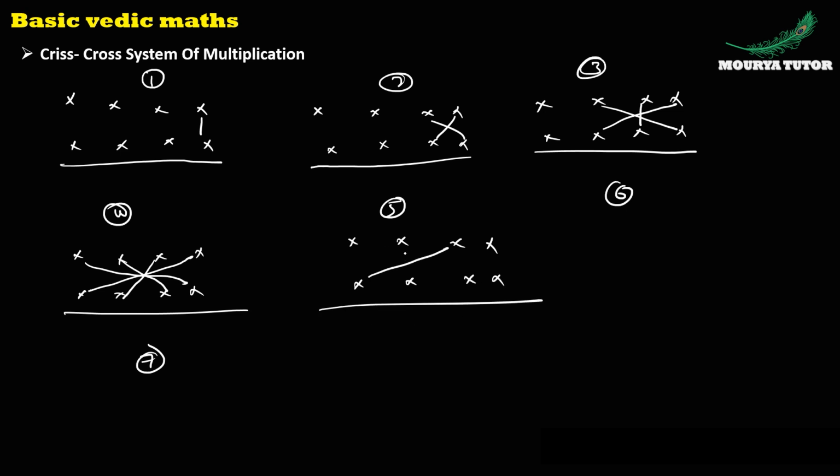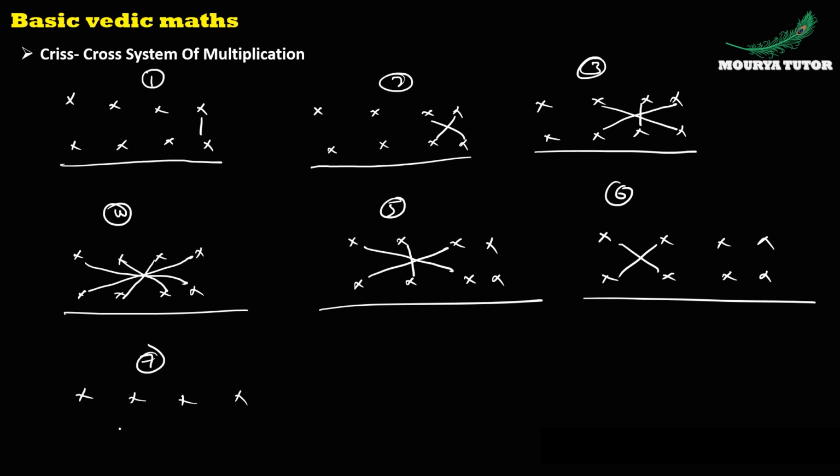You will do 5th step like that, and don't forget the addition also after doing the crosswise multiplication, right? This will be the mirror image of the second step. The last step will be like that, mirror image of the first step. I think you got the concept.